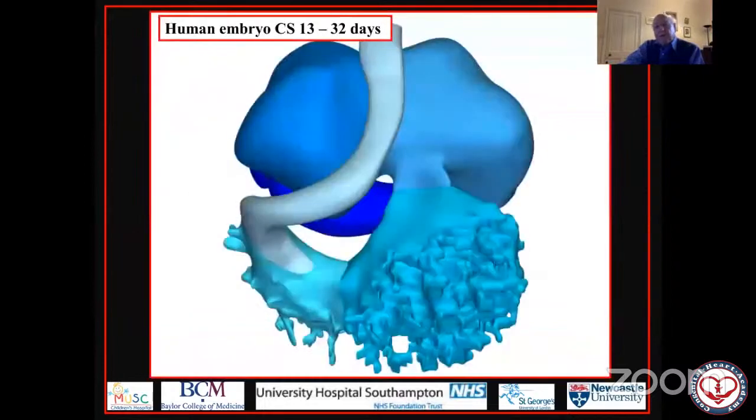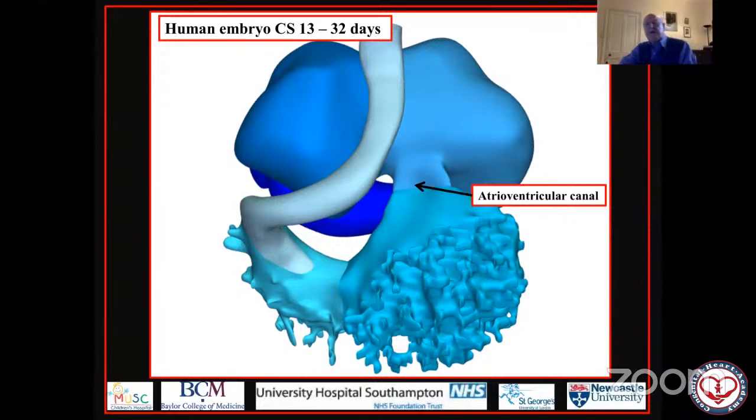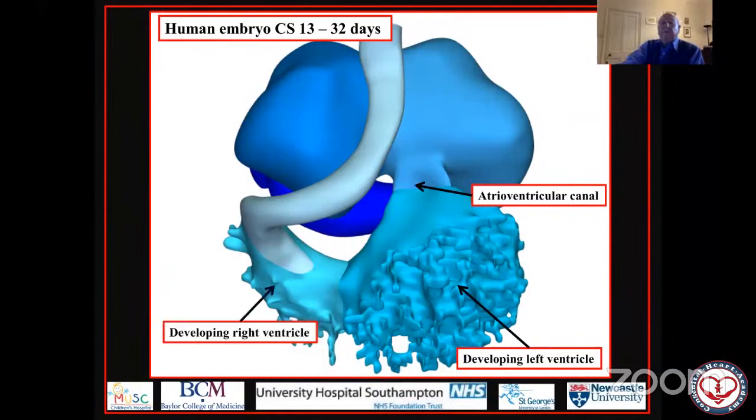So let's look again at what we now know from cardiac development. You've seen this picture several times now. You know that it's a reconstruction made by Professor Wout Lamers and Dr. Jill Hikspoors from the University of Maastricht, the Netherlands. And at this early stage, Carnegie stage 13, halfway through the 5th week of development, the atrioventricular canal is supported exclusively by the developing left ventricle.